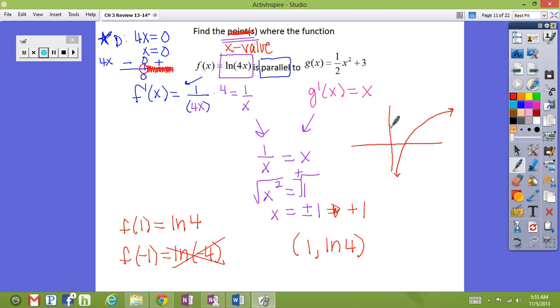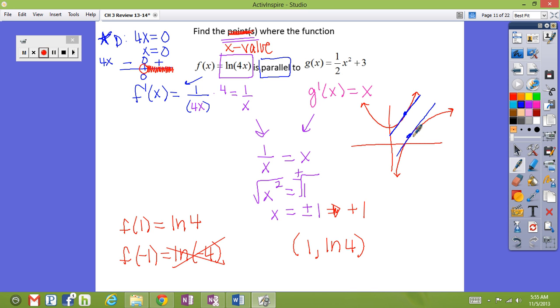And then plus 3 1/2, it looks something like this. And so at a specific x value, you'll get parallel, let's say about here. We'll say that's about the same x value. But what you'll notice is the y values are different.